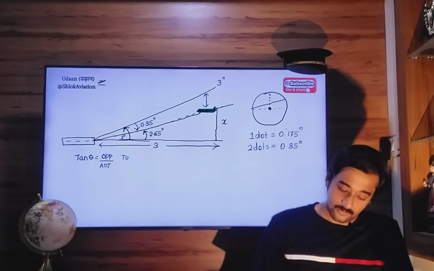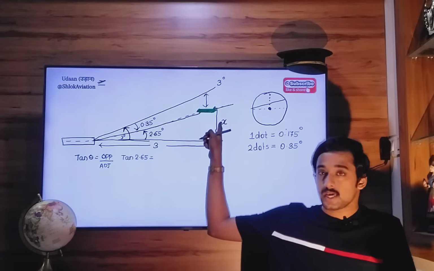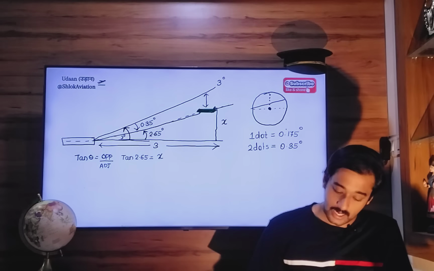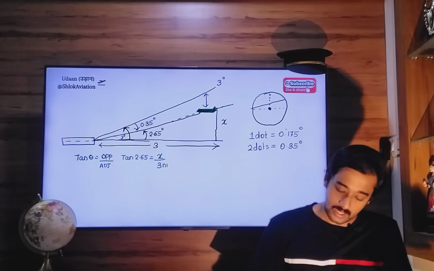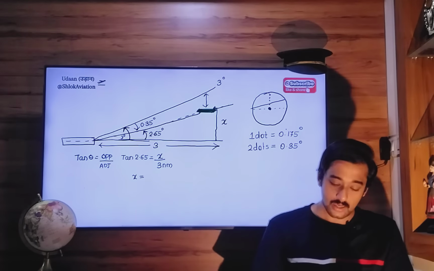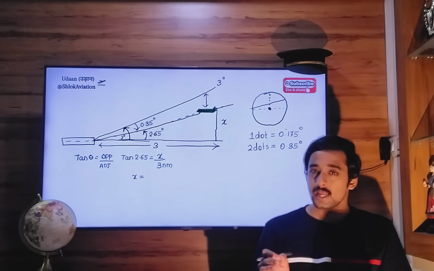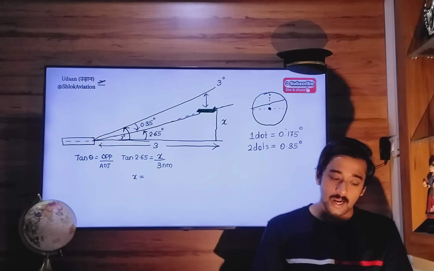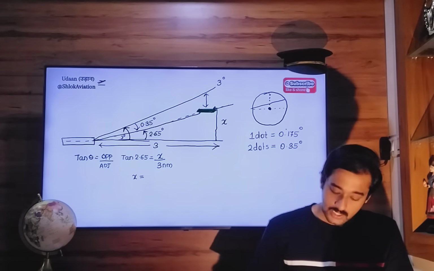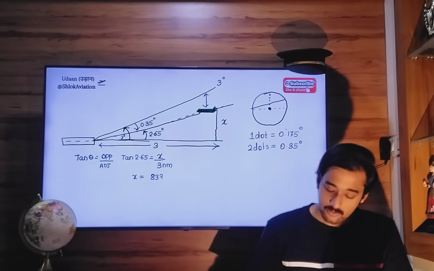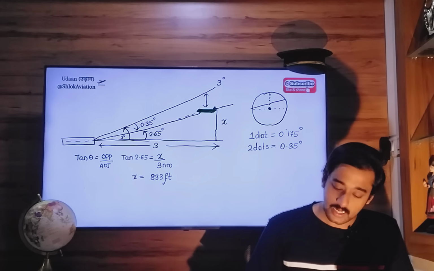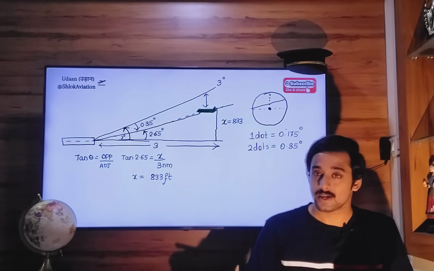So tan of 2.65 degrees is opposite side x divided by 3 nautical miles. So x will be tan 2.65 into 3, that is 0.1388 nautical mile, multiplied by 6,000 feet. So that is equal to 833 feet. So this height is 833 feet.